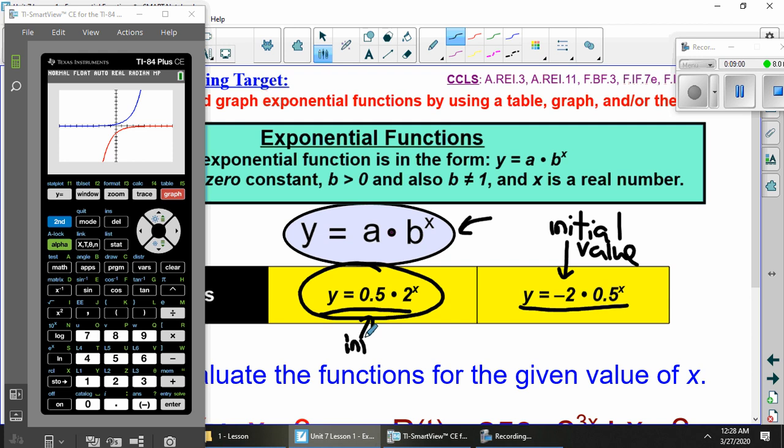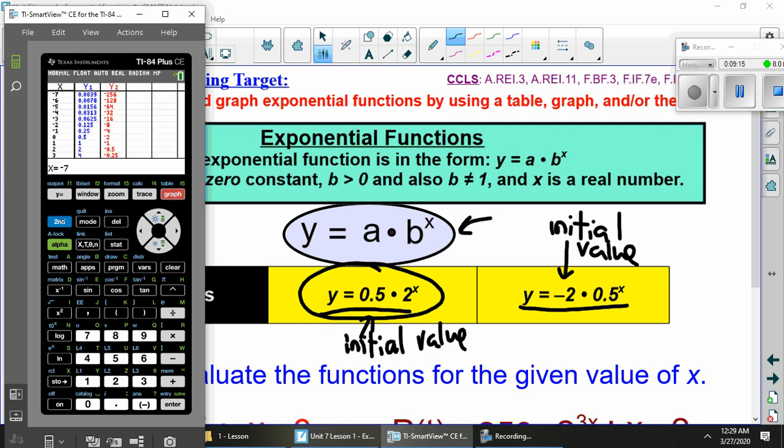Notice that the blue, the first one that we graphed, crosses at 0.5 on the y-axis. And if you press second function and table, and you take a look at where 0 is on the x-axis, you'll see that there's 0.5 there as far as the y goes.